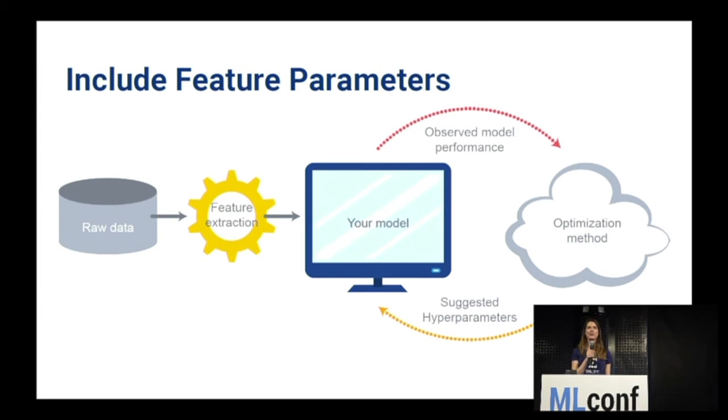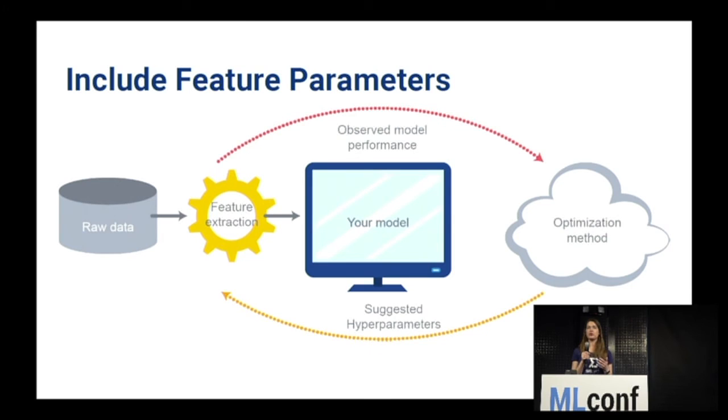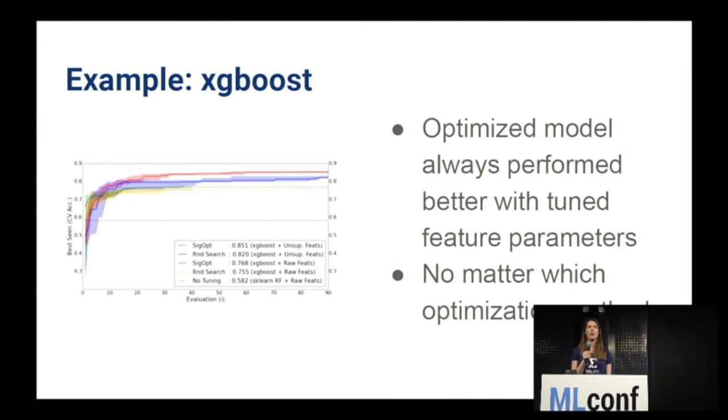And so I would encourage you to tune your entire machine learning pipeline at once. Include your feature parameters when you are optimizing your hyperparameters as well. And this builds a better method of performing optimization. We have an example of tuning an XGBoost model where we were predicting MNIST digits. And we measured the model performance for several different optimization methods.